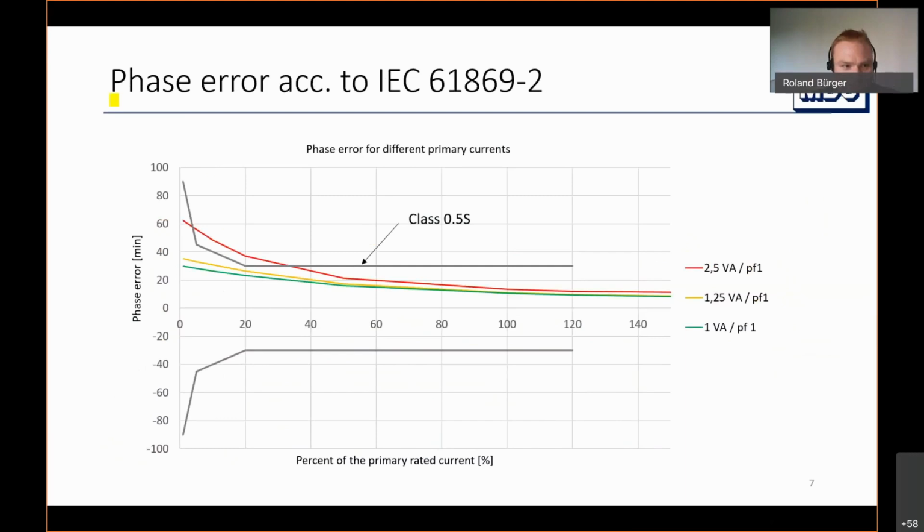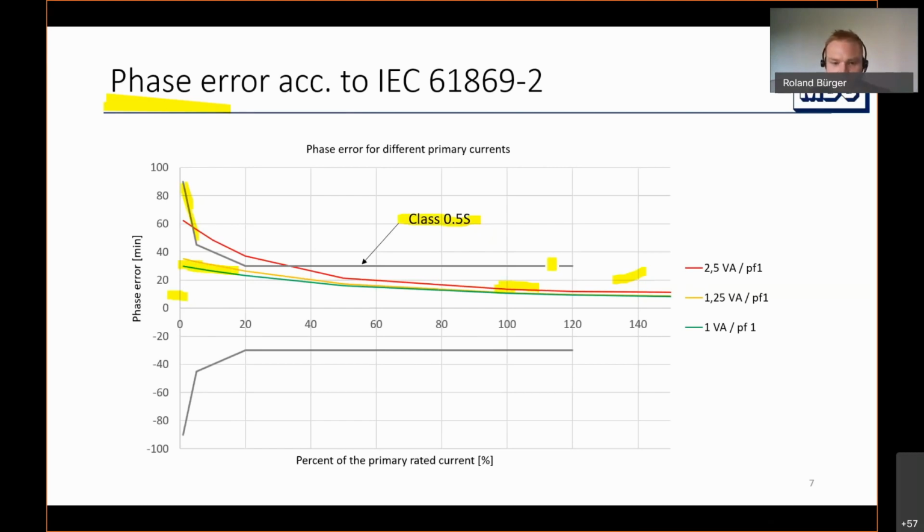Yeah, phase error. We also have the phase error, and we have here the error trumpet as well, and these are typical values for a current transformer as well. And for class 0.5S, we are dealing with something like 10 minutes to 30 minutes.